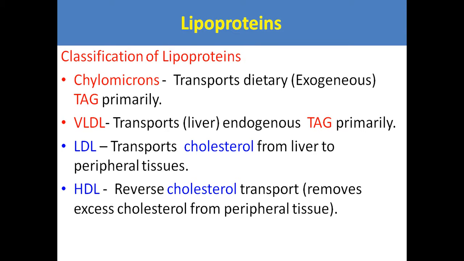HDL cholesterol, high density lipoprotein cholesterol, is called reverse cholesterol because it transports cholesterol from the peripheral tissues to the liver. So LDL is called bad cholesterol, whereas HDL cholesterol is called good cholesterol.